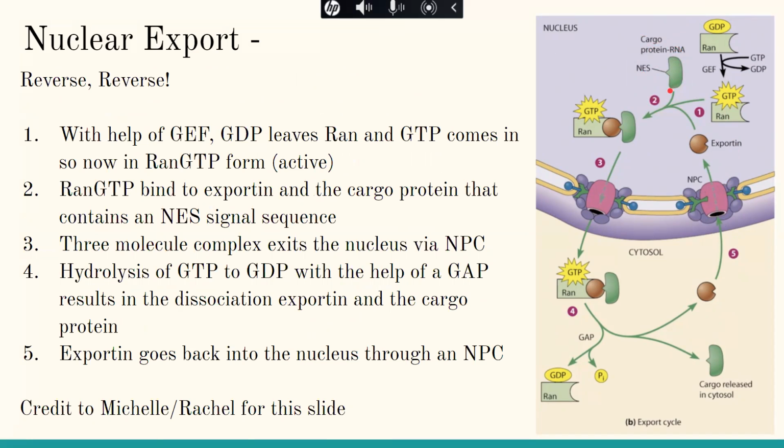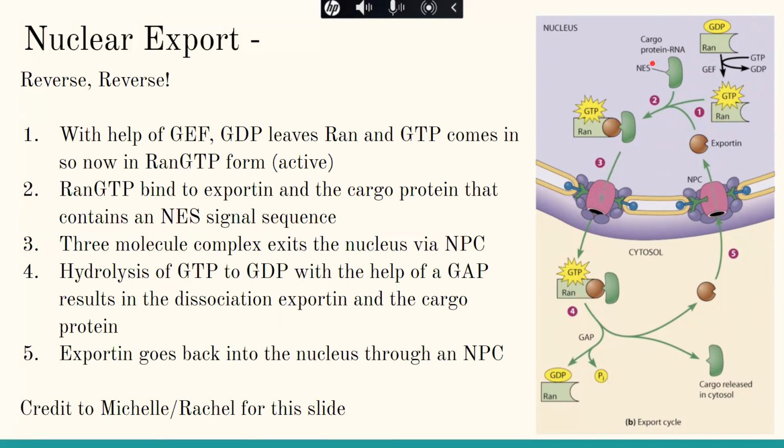So basically what happens is this green protein needs to bind to exportin, which is this little brown molecule, as well as RAN GTP, to help it leave the nucleus. So basically the same process happens. RAN GEF turns RAN GDP into RAN GTP, which allows it to bind to exportin.